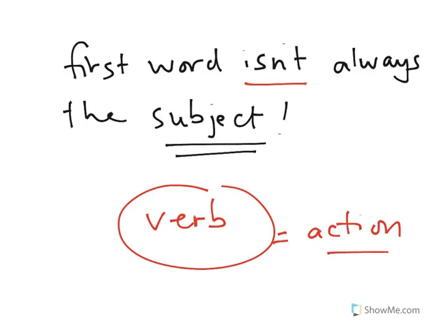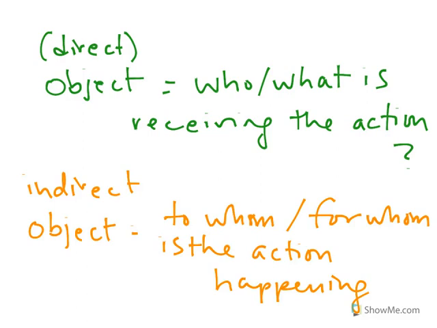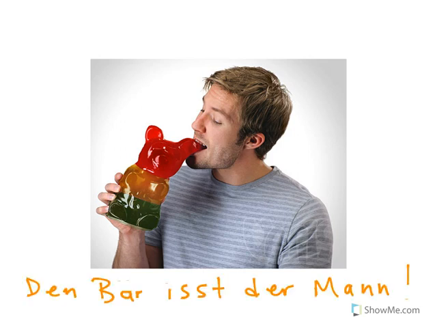And once you've figured out what the action is, you can ask a series of questions to determine what the other parts of speech are. You can find the direct object by asking, who or what is receiving the action? You can find out the indirect object by asking, to whom or for whom is the action happening? And then hopefully you won't mistakenly have any men eating bears, unless of course that's what you're meaning to say.